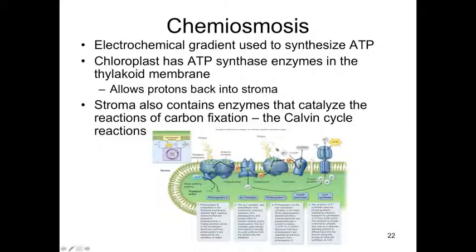Electrons that leave photosystem I will be dumped in the NADP plus bucket to form NADPH. Both the ATP and the NADPH will be carried to fuel the light-independent reactions that we call the Calvin cycle, outside the thylakoid and in the stroma of the chloroplasts.